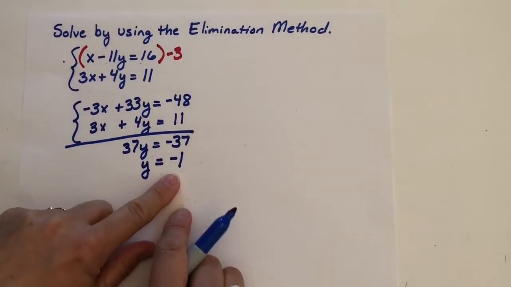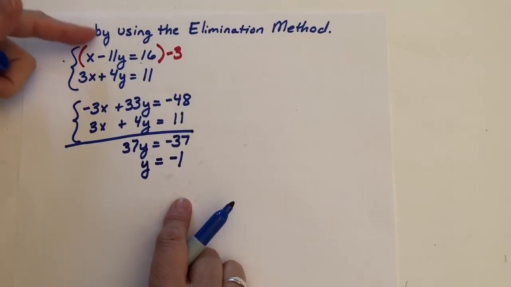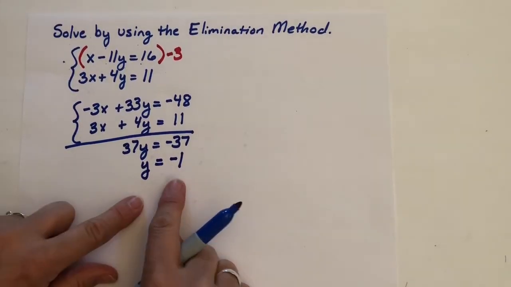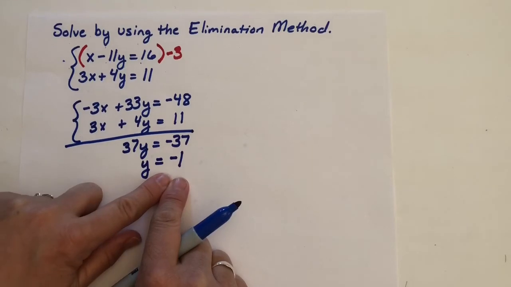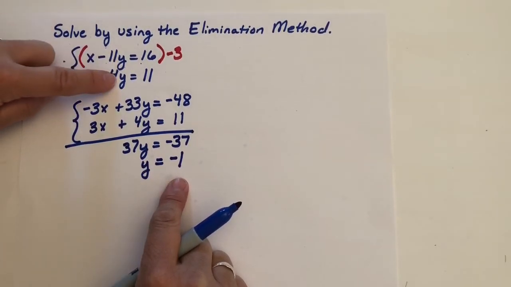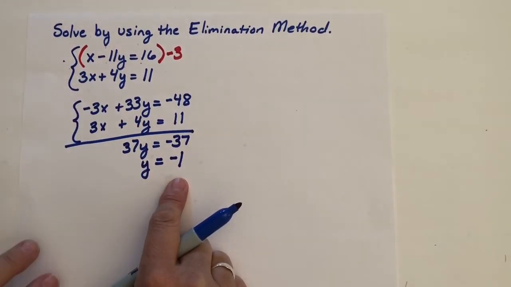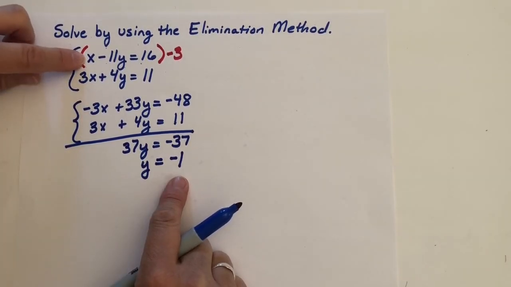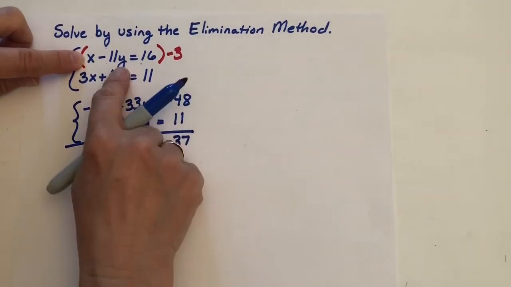So I now substitute -1 back into any equation I like, and really any version of any equation. I could substitute the -1 in here, here, here, wherever I like. I like the original version of this first equation right here. I'm solving for x now, so -1 goes in for y.